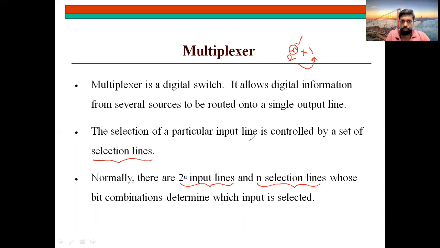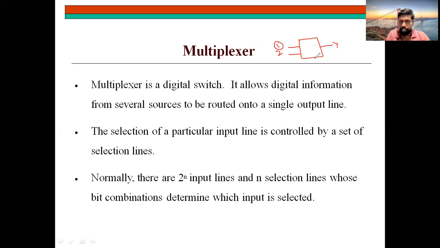Okay, so generally this will be a multiplexer. Suppose you have two inputs here, and you will have one output, consider it as Y. So 2 means 2 power 1, right? So this power indicates the number of selector inputs.